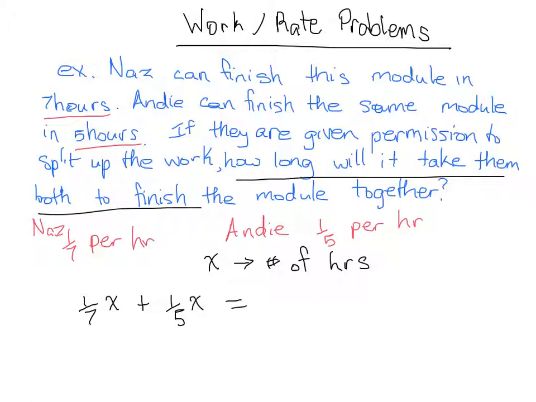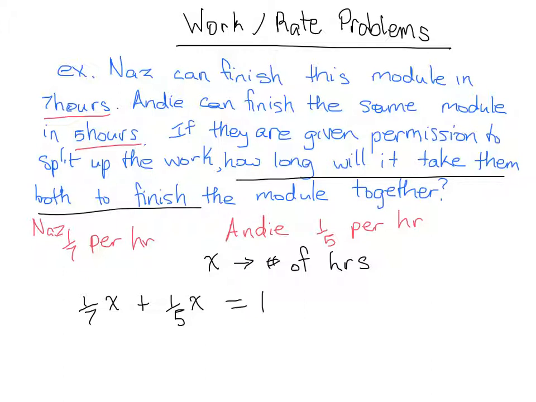And that, once we put it together, should be all of the modules that they complete. And in this case, they're working to complete one module. So 1/7 x plus 1/5 x should give us that one module. So now all we have to do is solve for x to figure out how long it takes them both to finish the module. All right, so now how do we go about doing that?